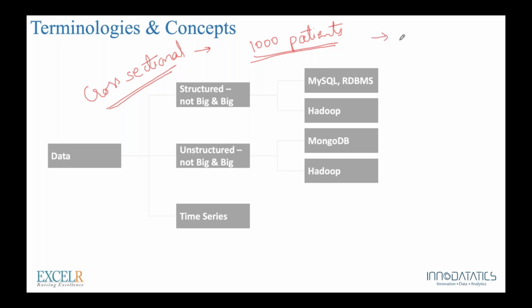You will not ask them to arrange these 1,000 patients' information in the sequence in which they visited the hospital. First person visited on say 16th Jan, second person visited on 18th Jan, third person visited on 1st Feb. You do not want your data in that specific sequence. So the timestamp is not material, is not important. If that is the case, then it is called cross-sectional data.